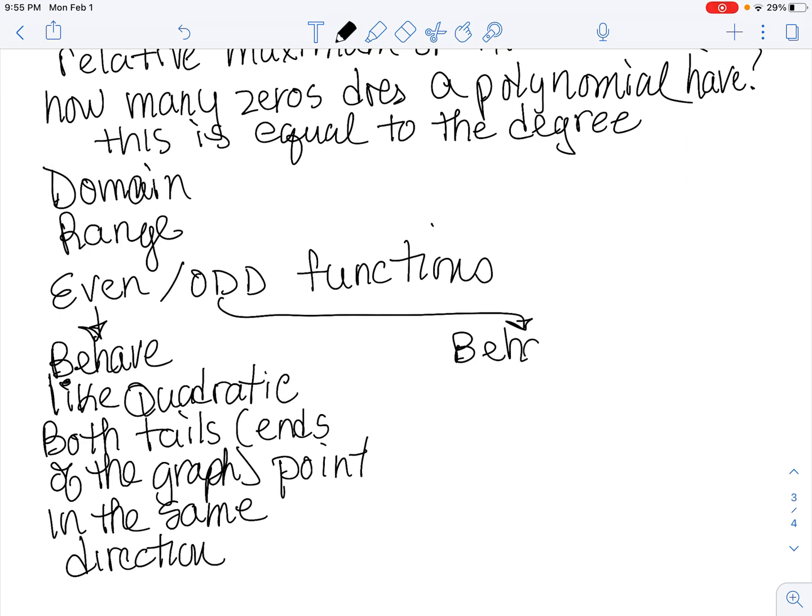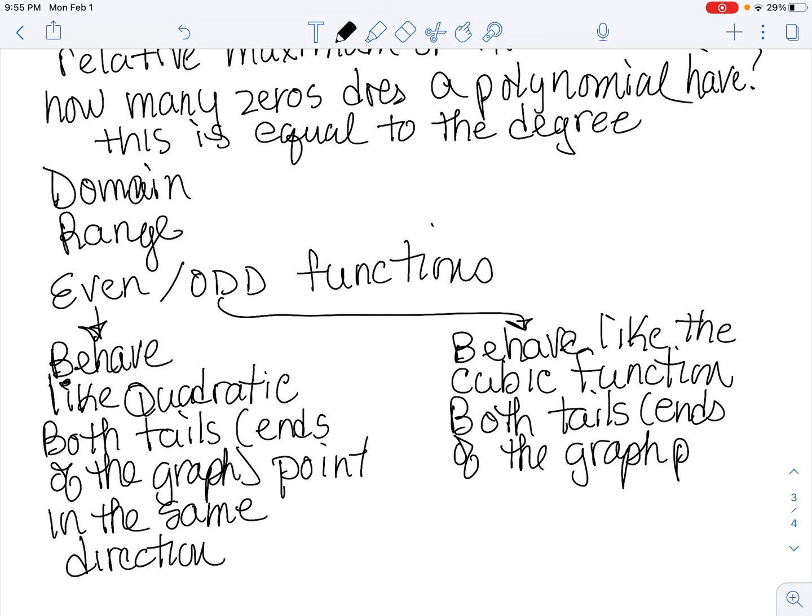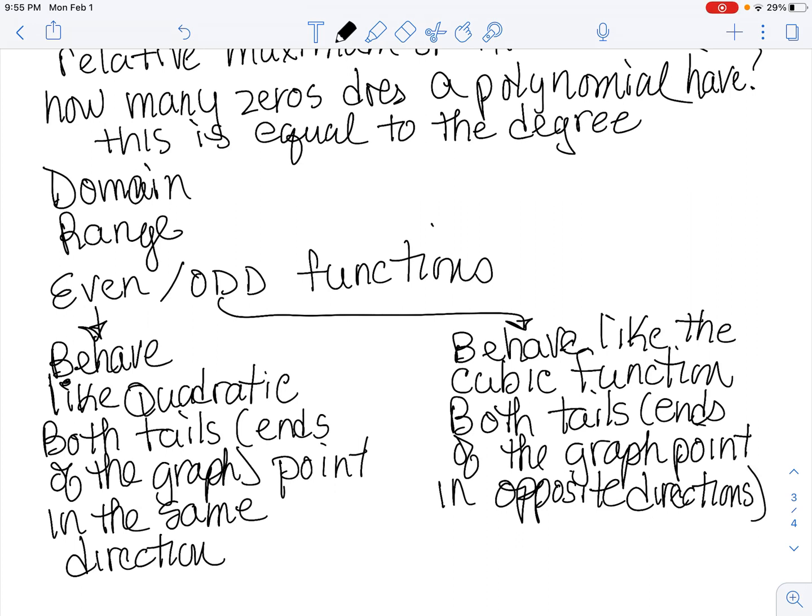Okay, that's even. Odd functions, they behave like the cubic function. And that is where both tails, I know it's kind of weird, but I call them tails, the ends of the graph, point in opposite directions.